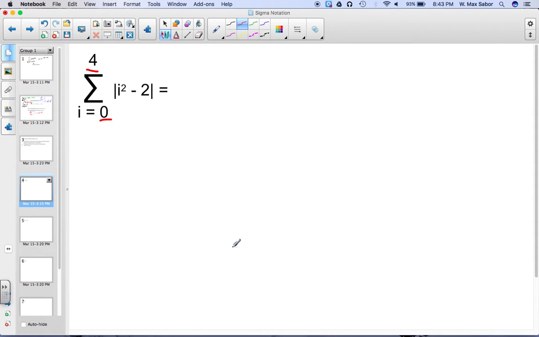Now it's not 4 minus 0 gives you 4. It's 4 minus 0 plus 1 gives you 5. There are 5 things that we're going to be adding together. One when it's 0, 1 when it's 1, 1 when I is 2, 1 when I is 3, and 1 when I is 4. So I is 0, 1, 2, 3, 4, because the index is from 0 to 4.